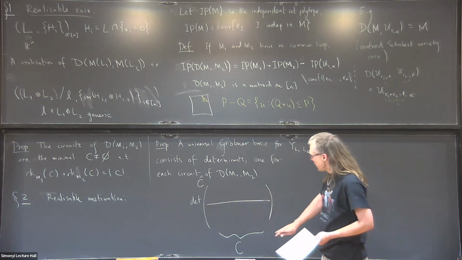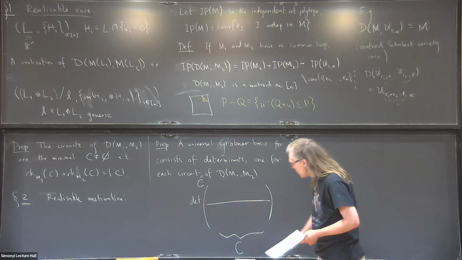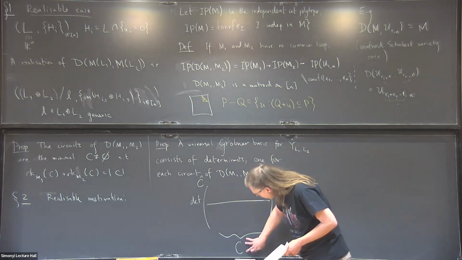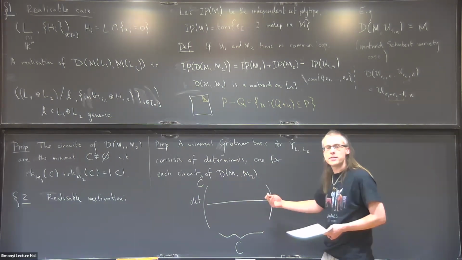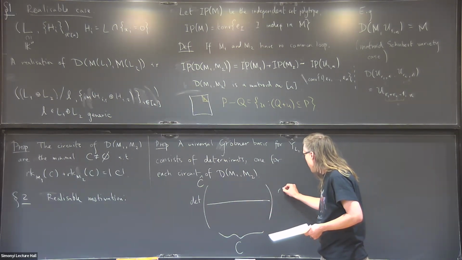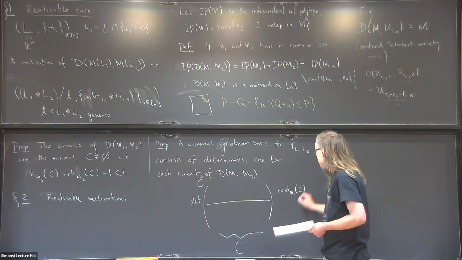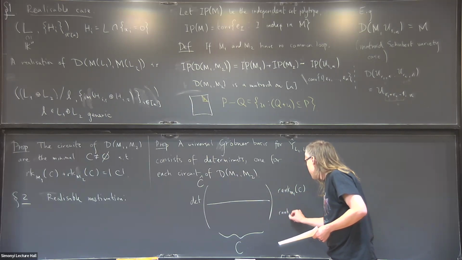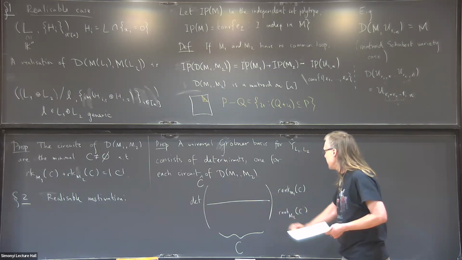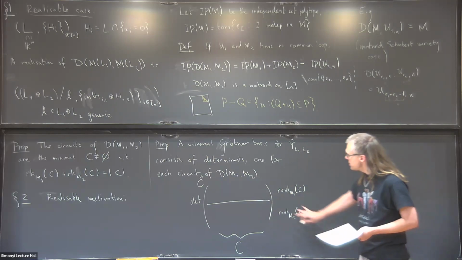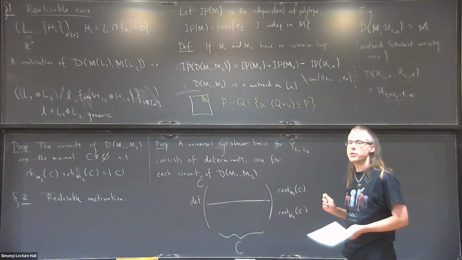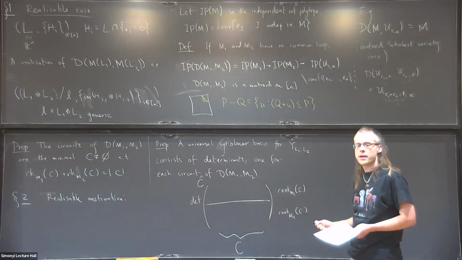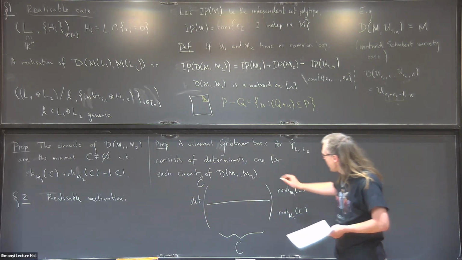The restriction of L1 to C gives a linear space of rank M1 of C, and the restriction of L2 to C has rank M2 of C. This condition is what ensures that I'm taking the determinant of a square matrix when I put these together.